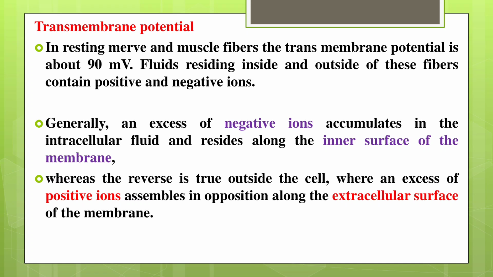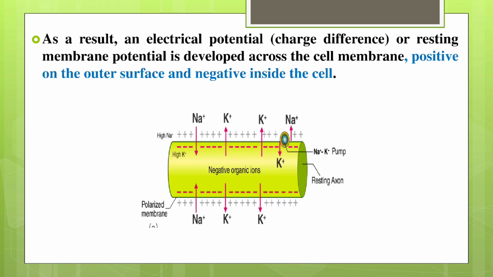Generally, an excess of negative ions accumulates in the intracellular fluid and resides along the inner surface of the membrane, whereas the reverse is true outside the cell, where an excess of positive ions assembles in opposition along the extracellular surface of the membrane. As a result, an electrical potential, charge difference, or resting membrane potential is developed across the cell membrane, positive on the outer surface and negative inside the cell.